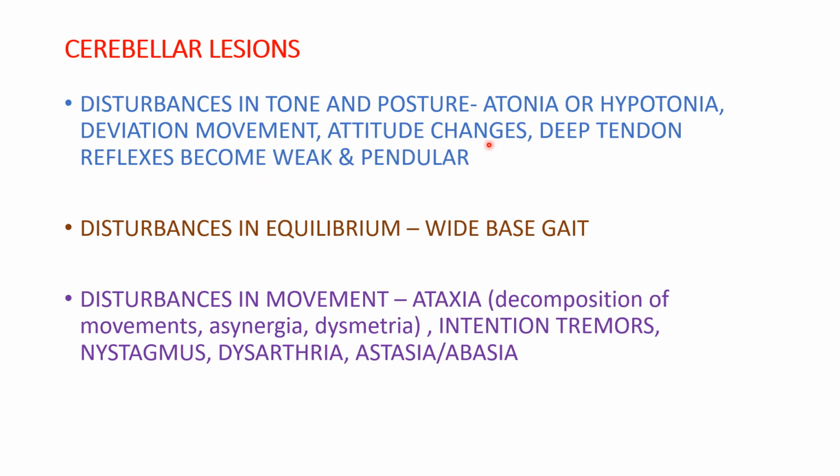Attitudinal changes means lowering of the shoulder on the affected side, rotation of the face towards the opposite side as it is pulled by the healthy muscles, and the trunk is bent with concavity towards the affected side. So attitude is changed because of the atonia or hypotonia. Deviation movements can occur and attitude is also changed.